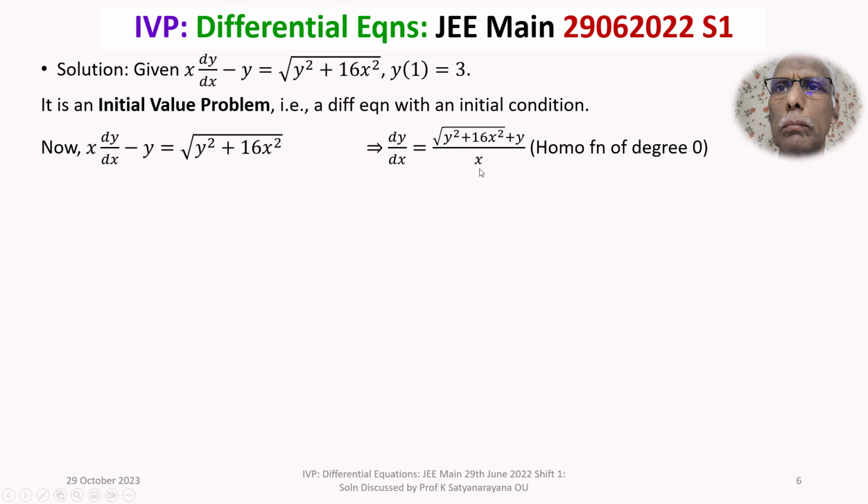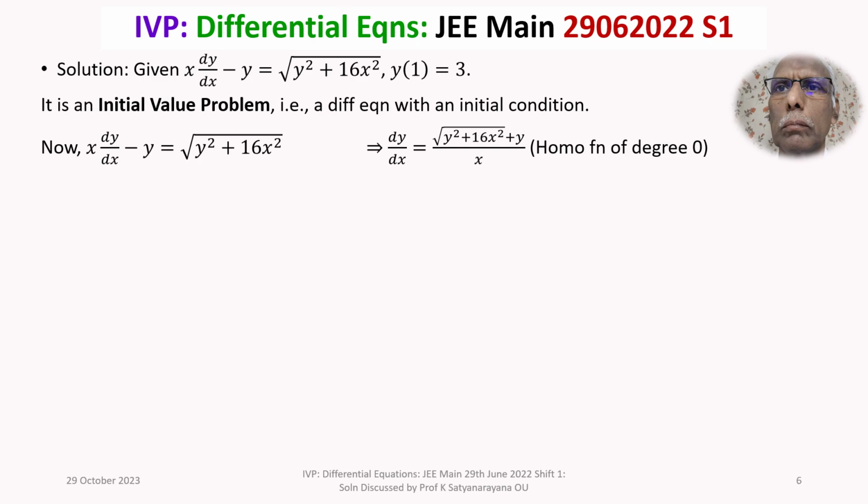The denominator x is a homogeneous function of degree 1, and the numerator by denominator is a homogeneous function of degree 0. So dy by dx is equal to f of x comma y, which is a homogeneous function of degree 0. Then it is called a homogeneous differential equation, and we know the method.